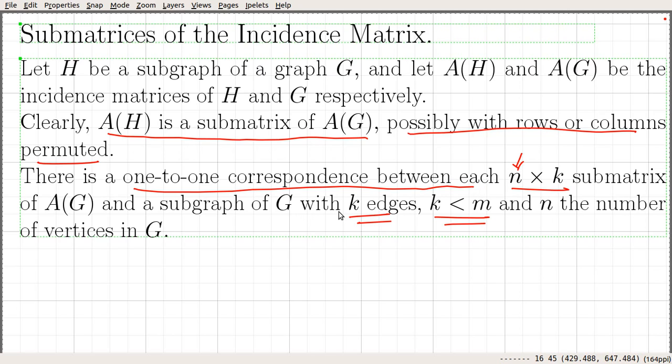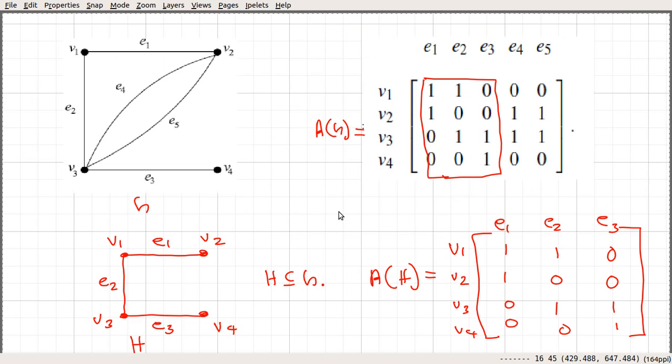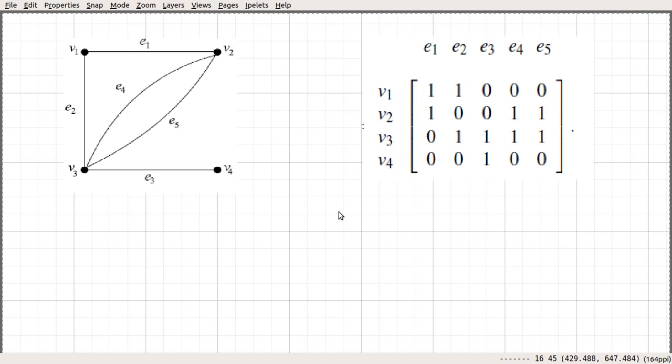For example, if you look at this particular graph, suppose that we are going to consider only E1 and E3. If we consider E1 and E3, the subgraph will look something like this.